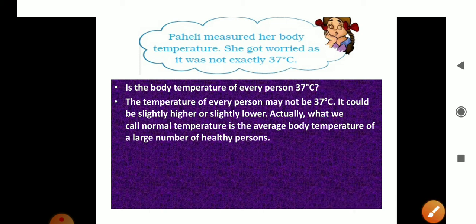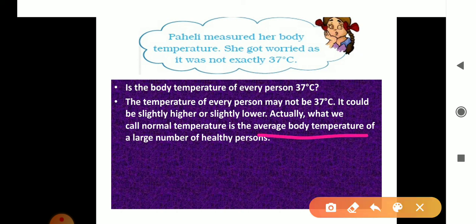Actually, we call normal temperature the average body temperature. Suppose we take the temperature of 10 persons. Then maybe the temperature of one is 37, and of the second is 37.5. Maybe of the third it may be 36.8.